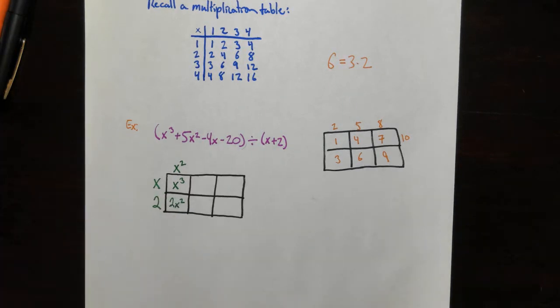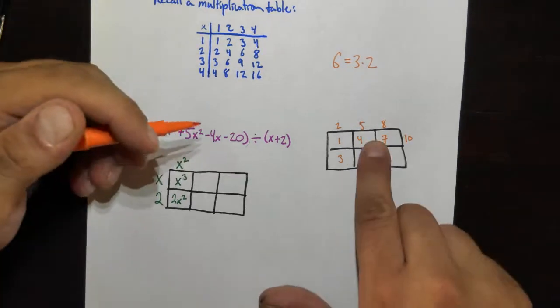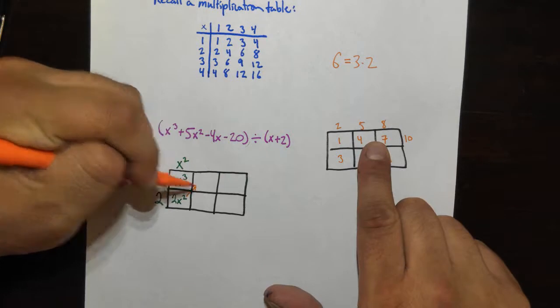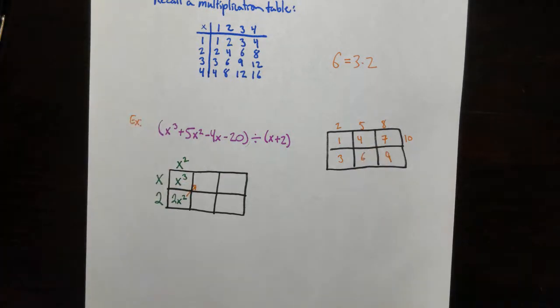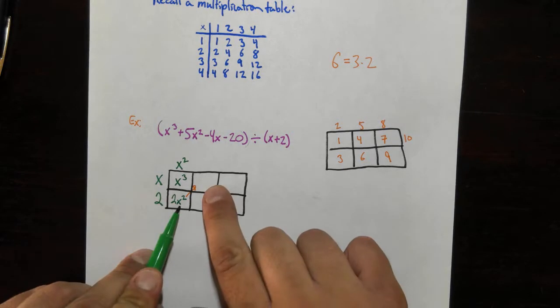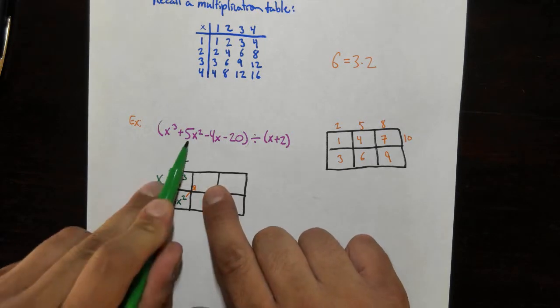So now, this is what we want to do. We want to go diagonally. So we're going to go from 3 to 4. So we're going to go up here. And what we do here is we need to make sure that these two boxes add up to our next term.